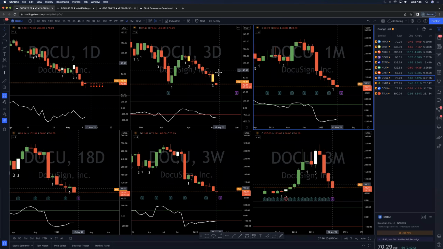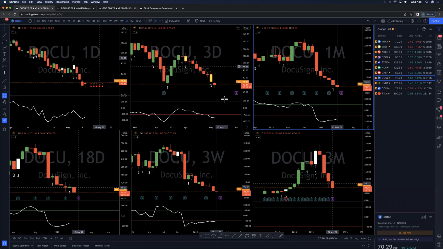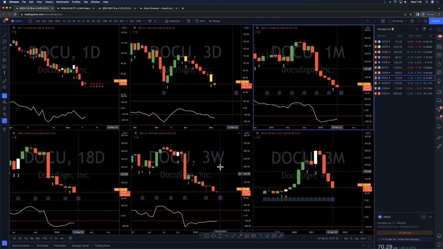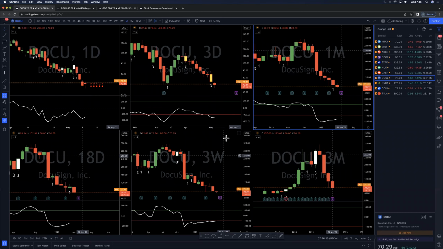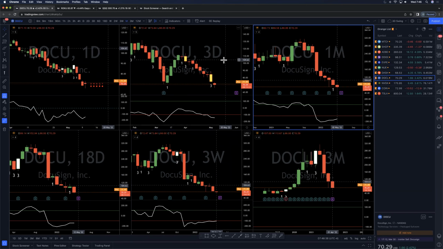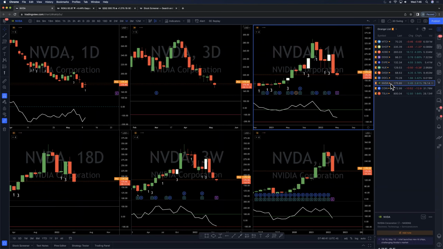Here is DocuSign again, and I kind of like this. I don't know if that's going to go through next week, but I like the idea of a potential reversal starting here in this market. I'll look at the Qs here in a minute. NVDA is an inside bar, so we're going to chart this one.